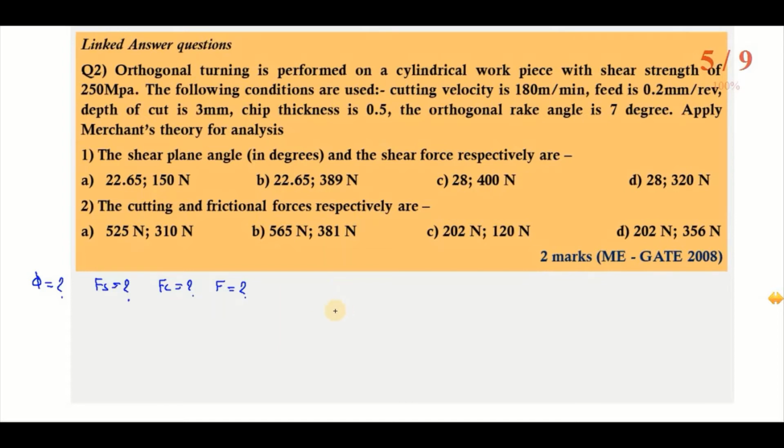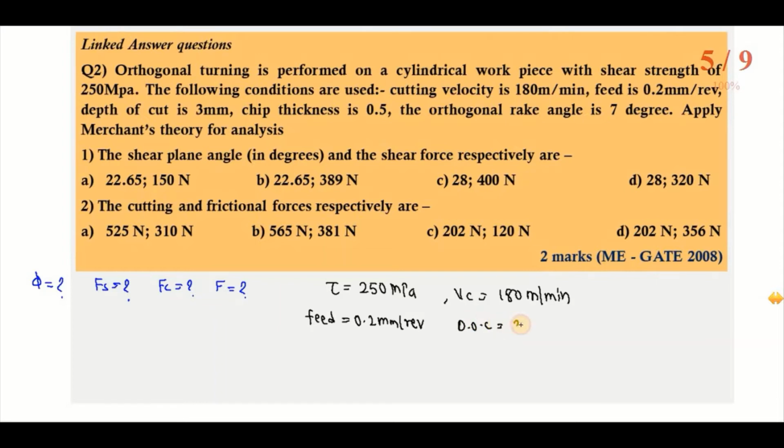They are given the shear strength, that is tau, 250 megapascal. Then cutting velocity, that is Vc, they are given 180 meter per minute. They are given the feed, 0.2 mm per revolution.